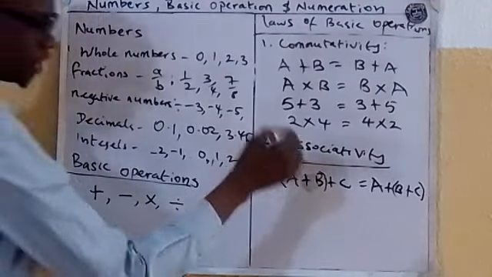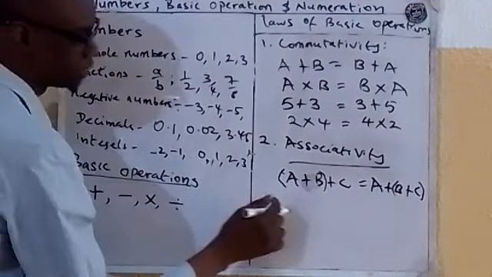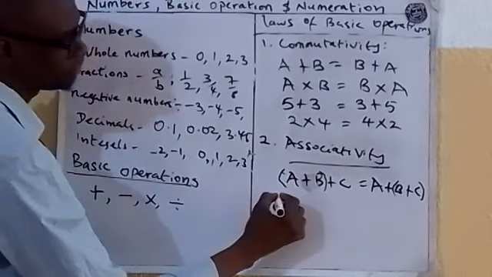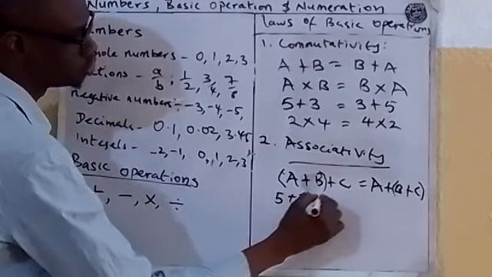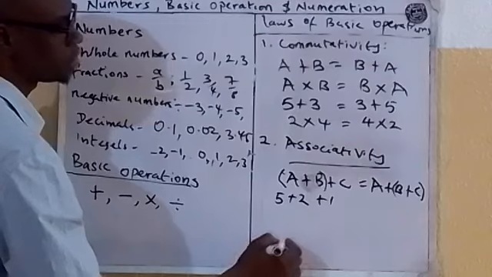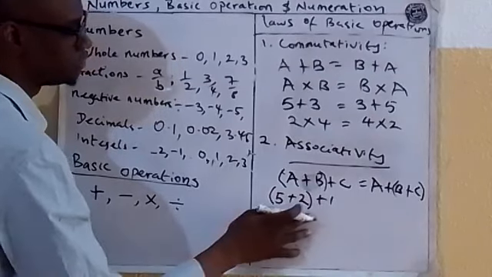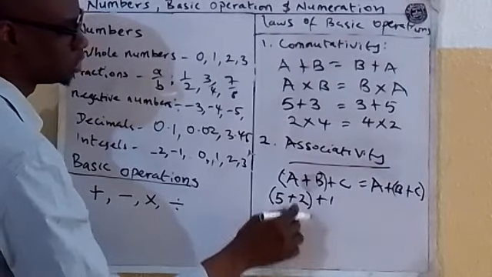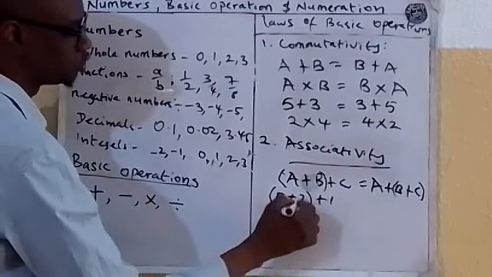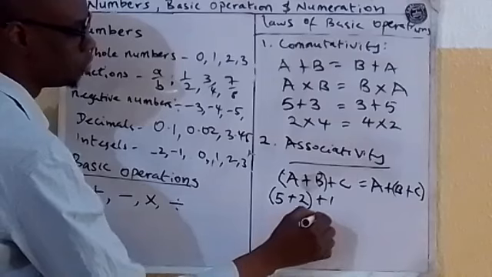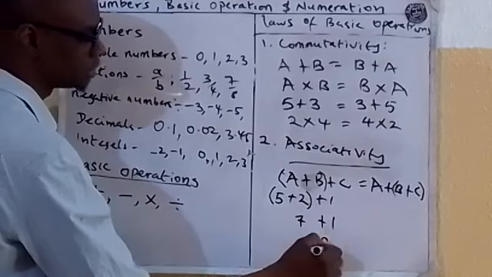Understand? So here is an example for this law. If I have 5 plus 2 plus 1, and I associate the first two together and work on them before the third term, 5 plus 2 is 7, plus 1, which is 8.